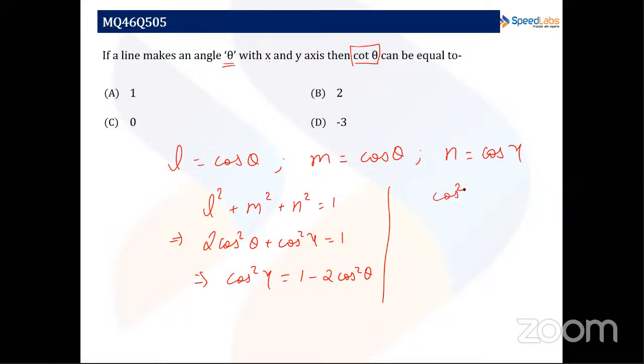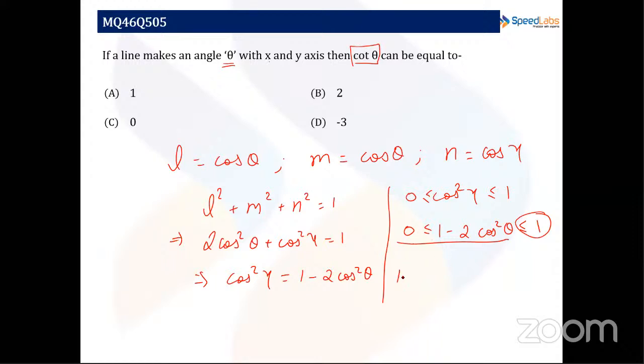Since the value of cos square gamma will lie anywhere between 0 to 1, we can say that 1 minus 2 cos square theta will lie anywhere between 0 to 1. Obviously, the upper bound will hold because 1 minus 2 cos square theta will always be less than or equal to 1.